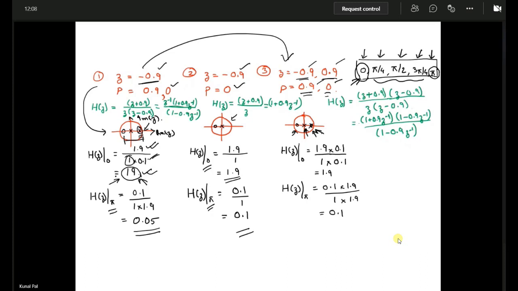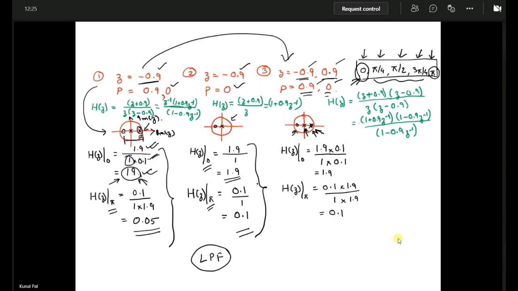Now, another observation: at the highest frequency, both these filters are acting as a low pass filter. Okay.